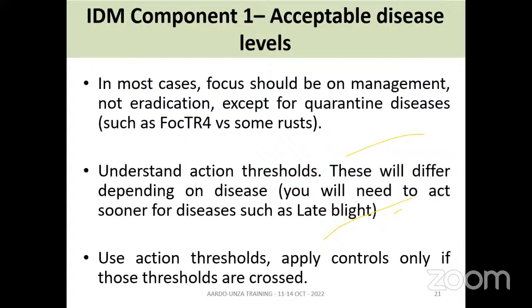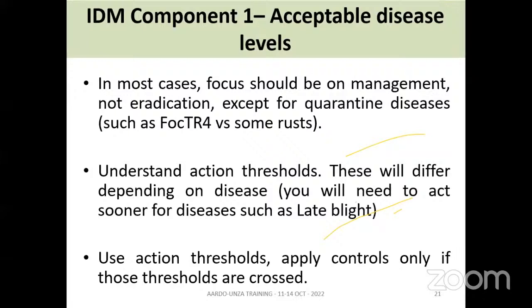We have some GMO banana varieties that can actually resist this, but I'll come to that later. So there are certain quarantine pests for which it might be difficult to think ahead of time and create acceptable disease levels, okay? Because maybe it's something that just popped out of nowhere. Maybe somebody accidentally brought some bananas from a country which has this and nobody anticipated that. So that might be an exception.